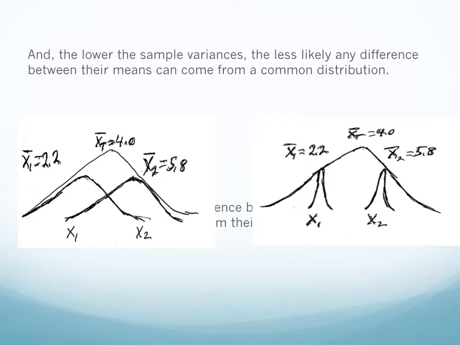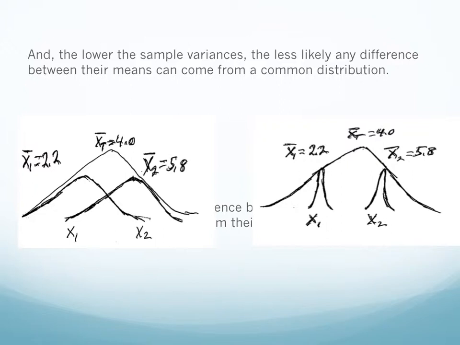And the lower the sample variances, the less likely any difference between their means is to have come from a common distribution. So if we went back to our original samples with means of 2.2 and 5.8, and now reduced the variances, in the right-hand figure here you'll see our underlying distributions x1 and x2 with the same means, 2.2 and 5.8, but now they're much narrower.